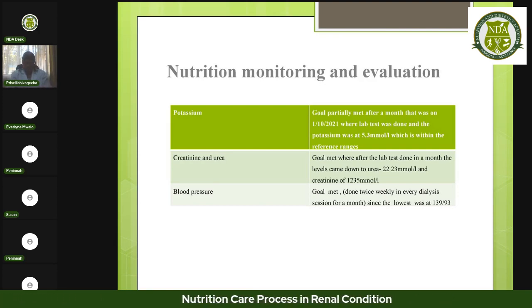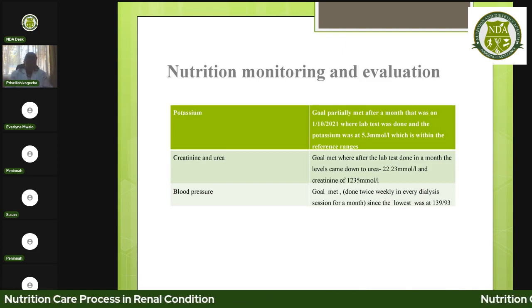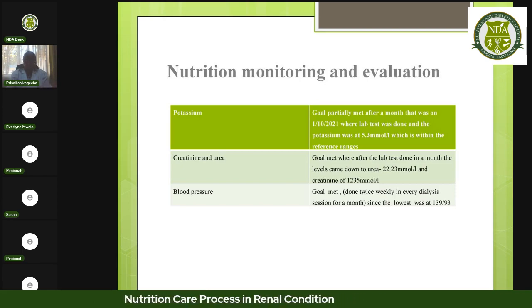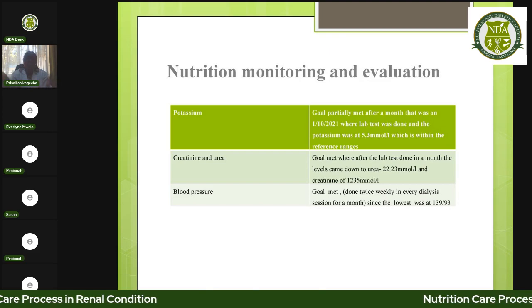So say after 1 month the potassium was 5.3 from 6.0, then the goal will be partially met, because of course the potassium has not come back to the reference range, but at least it has reduced.